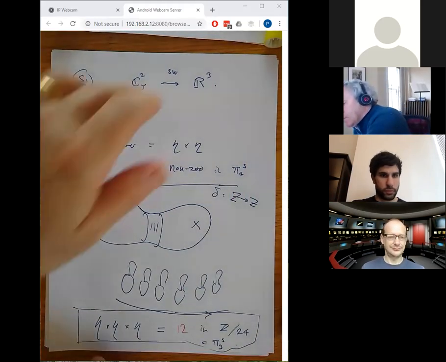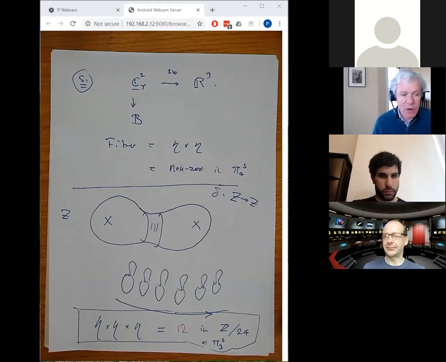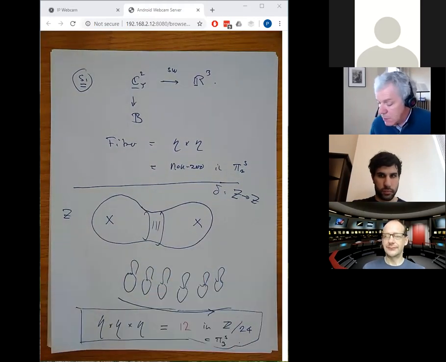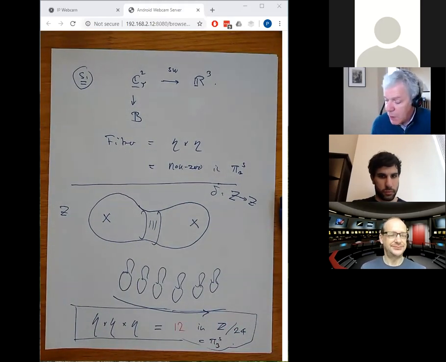I think the takeaway is that we have very little tools to demonstrate non-triviality of these sorts of pictures. I mean, Seiberg-Witten invariant gives us occasional Z mod 2s, which we can try and wield.